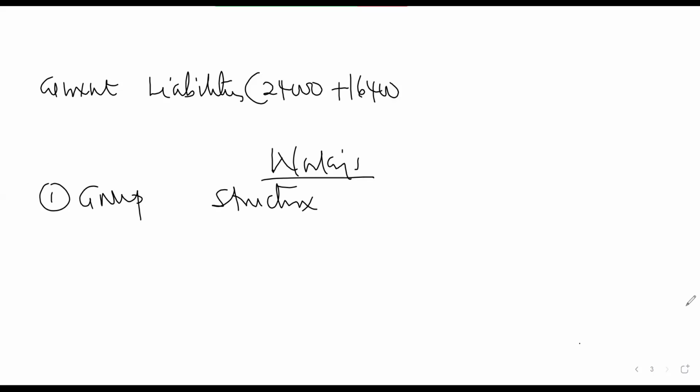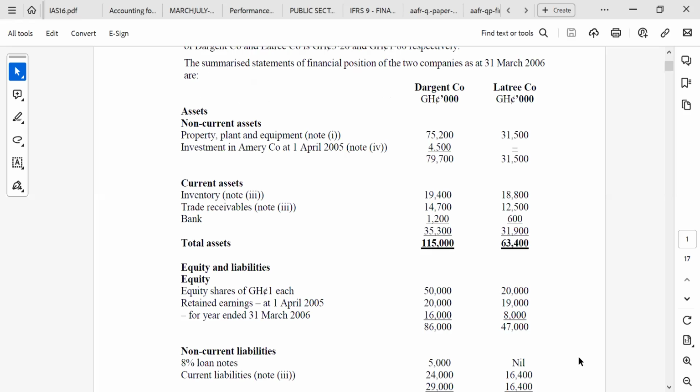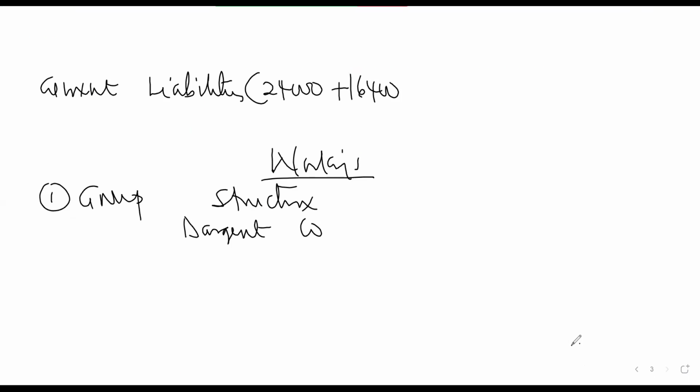So we have the parent company there, then you have the name of the subsidiary. What is the name of the subsidiary? It's Latrico. Okay, so you can put a table here.